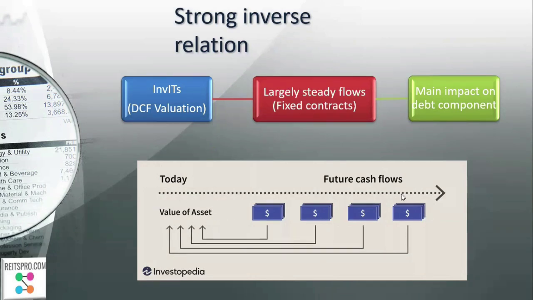If you understand what DCF analysis is, then you can see this. Otherwise, simply, when the interest rate goes up, the value of the asset today would go down, because we are putting a larger discount on all future cash flows, which here in the case of InvITs are mainly steady.